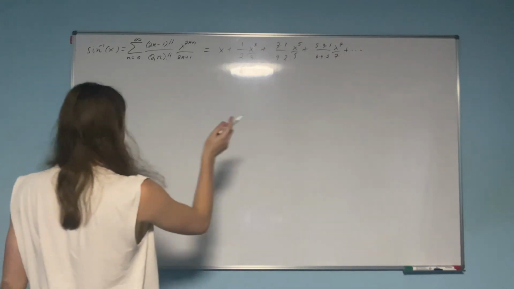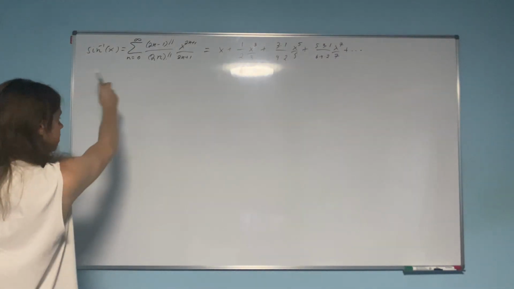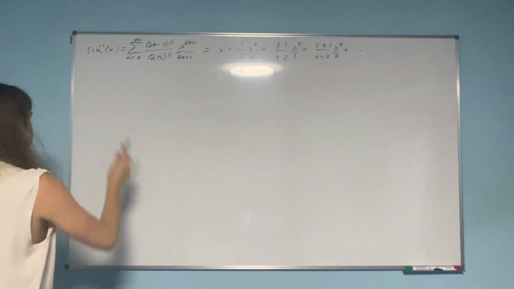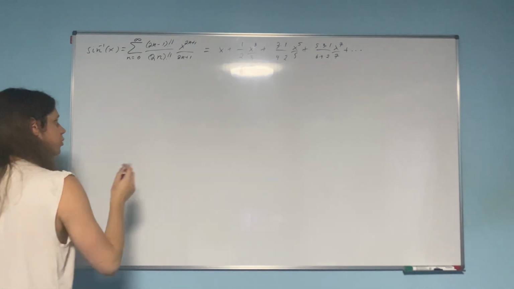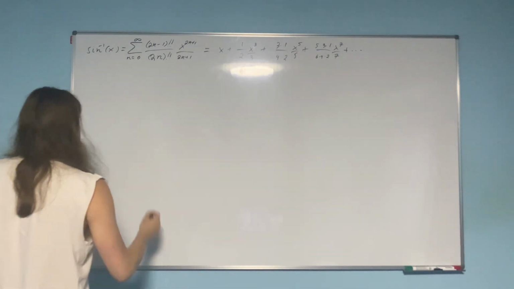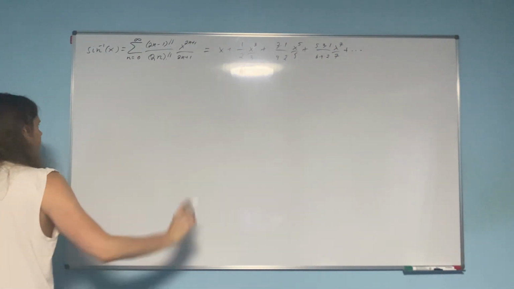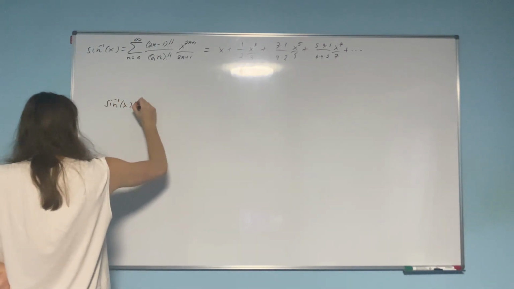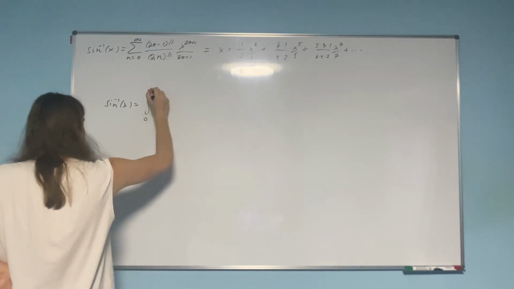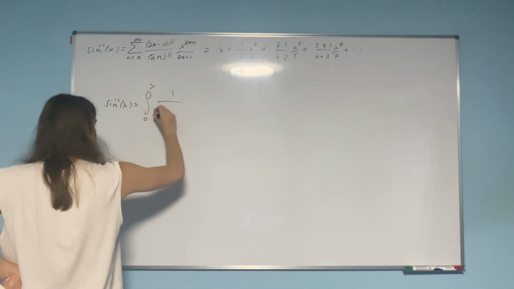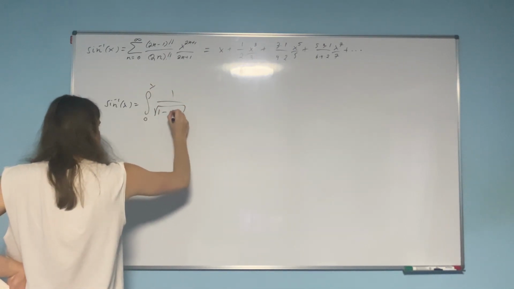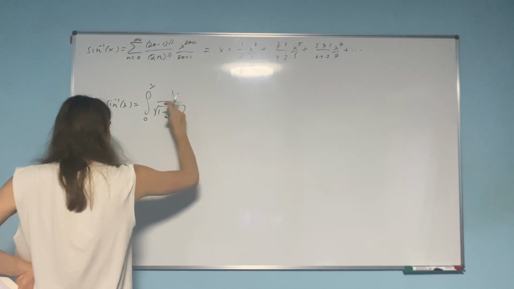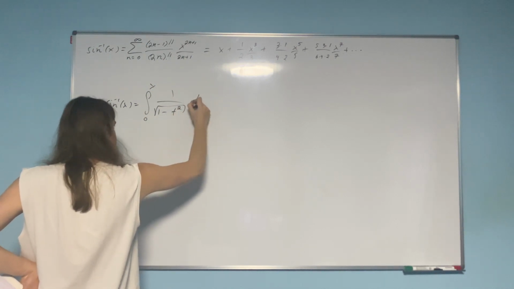So the simplest way to show that this is indeed the power series for inverse sine is to construct its Taylor series. Or not exactly its Taylor series. We know that sine inverse of x can be computed as an integral from 0 to x of 1 over the square root of 1 minus t squared.